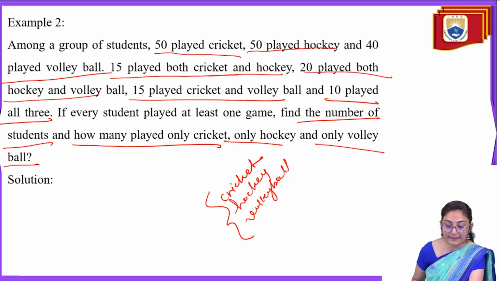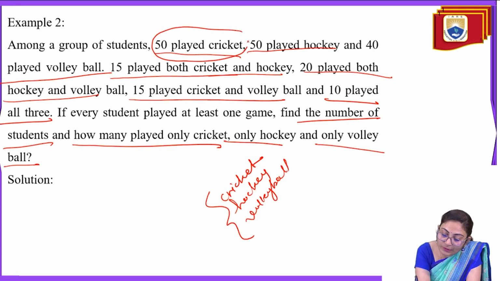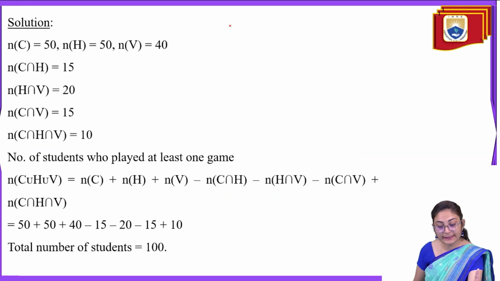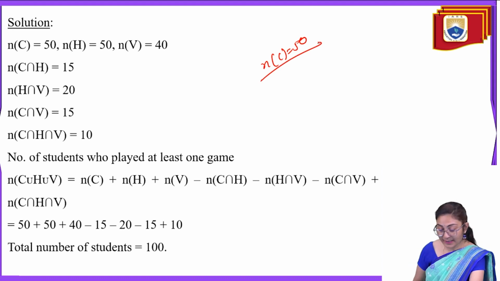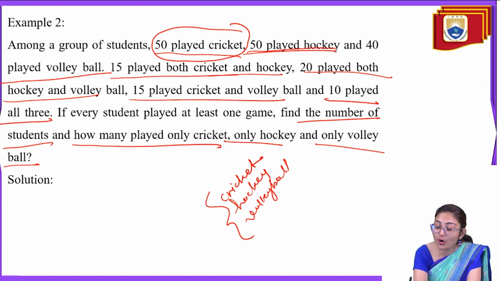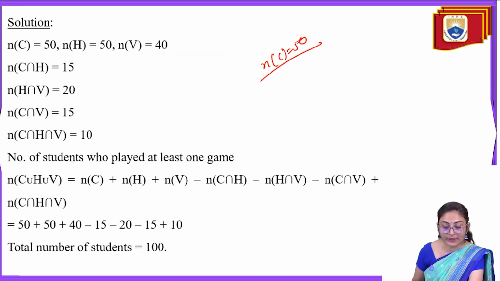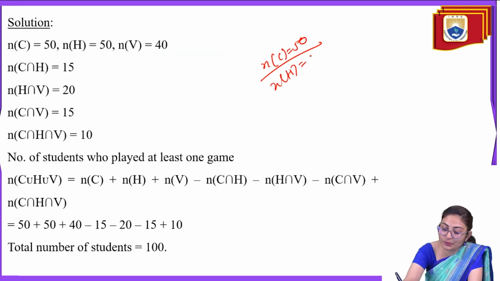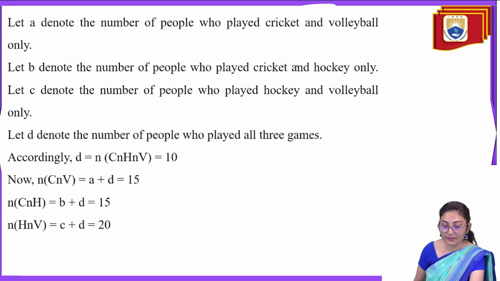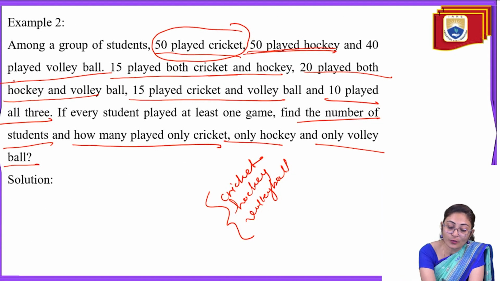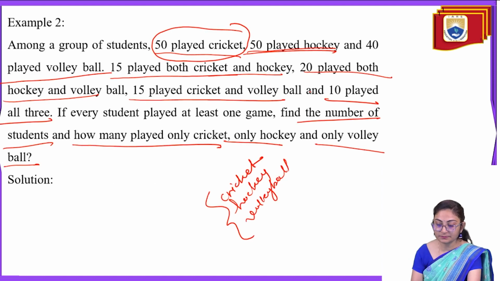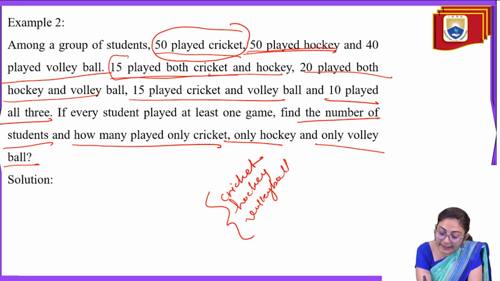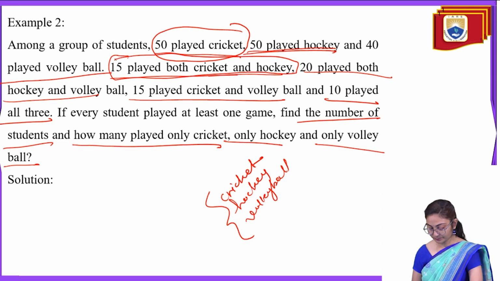Now, see, 50 students are playing cricket. So n of C is 50. Then the next one, 50 played hockey, so for hockey we use n of H, 50. And 40 played volleyball, n of V is equal to 40. Now they are saying 15 played both cricket and hockey.